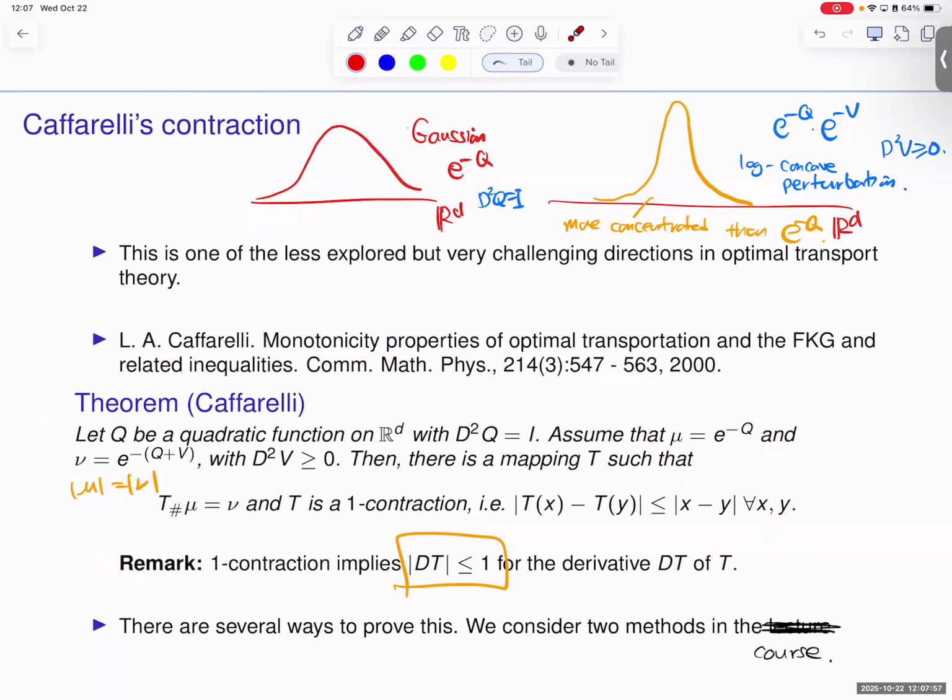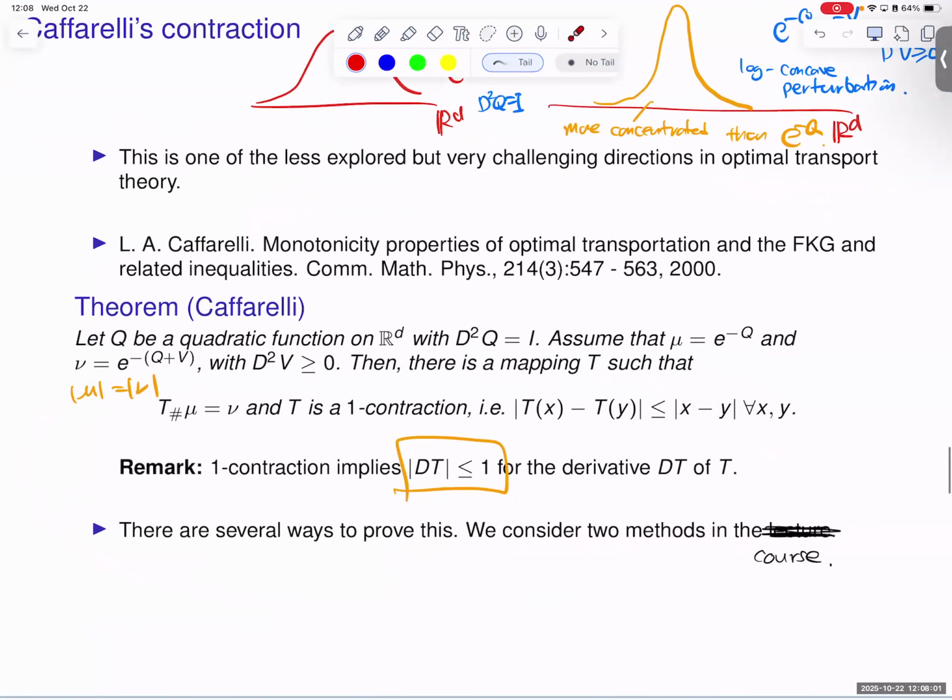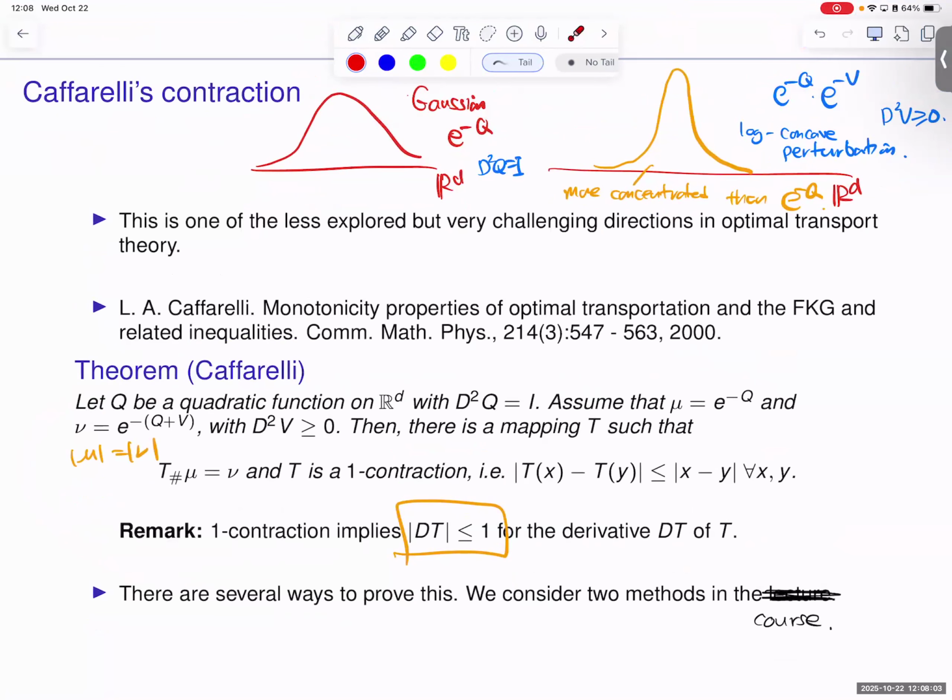So this is still a hot topic of research these days. All right. Now let's prove Caffarelli's contraction. But before that, any question about the statement?